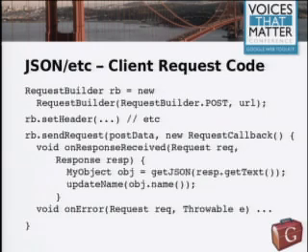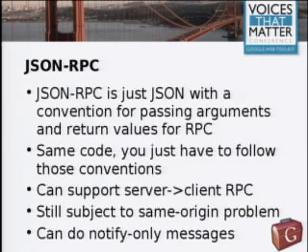Again, this is only with GWT 1.5, so what's available in the current trunk will support this. With GWT 1.4, you actually have to use the JSON library, which adds a little bit of extra overhead to that. JSON-RPC is pretty much the same thing as JSON, except there's special conventions for passing arguments and return values for RPC.